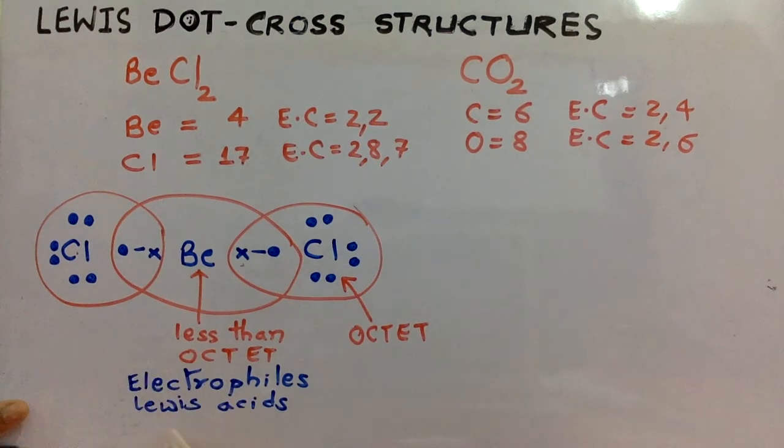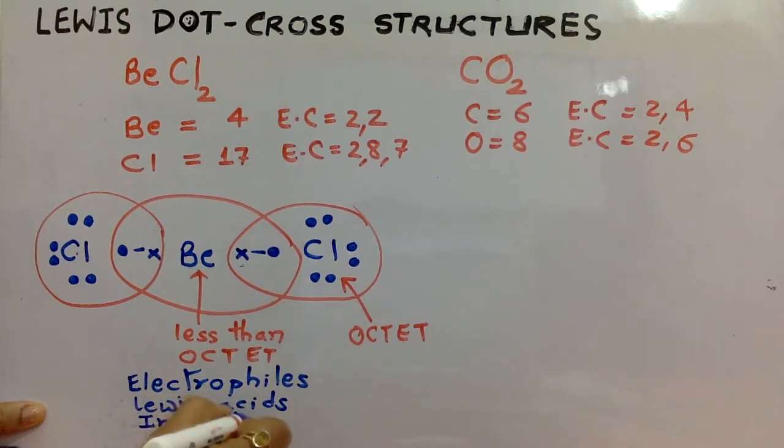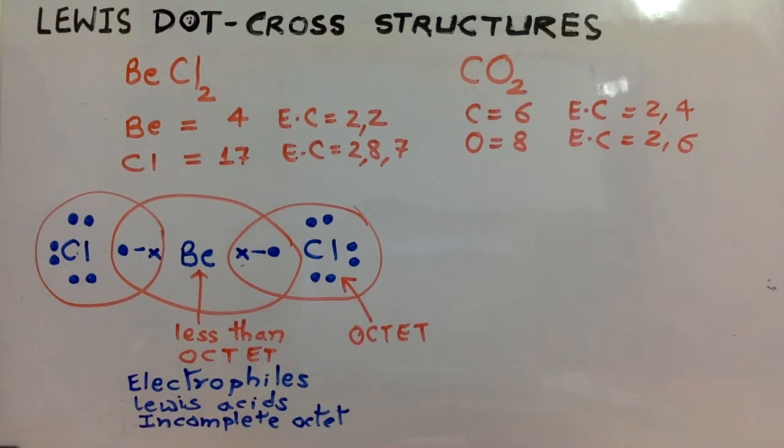They are also considered as examples of, do you remember, incomplete octet. So beryllium chloride is an example of incomplete octet. The electrophile, that is the Lewis acid, is an electron pair acceptor.